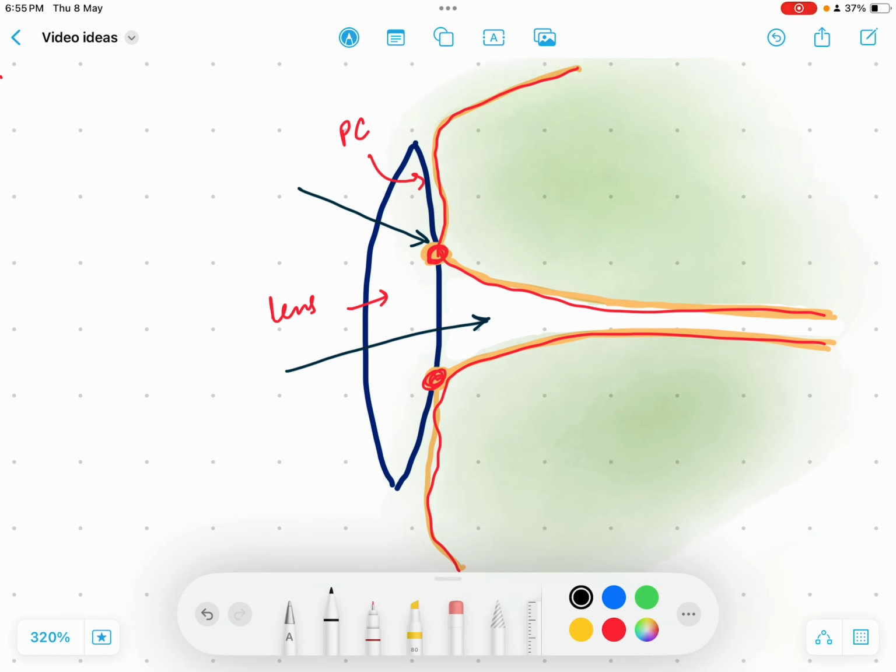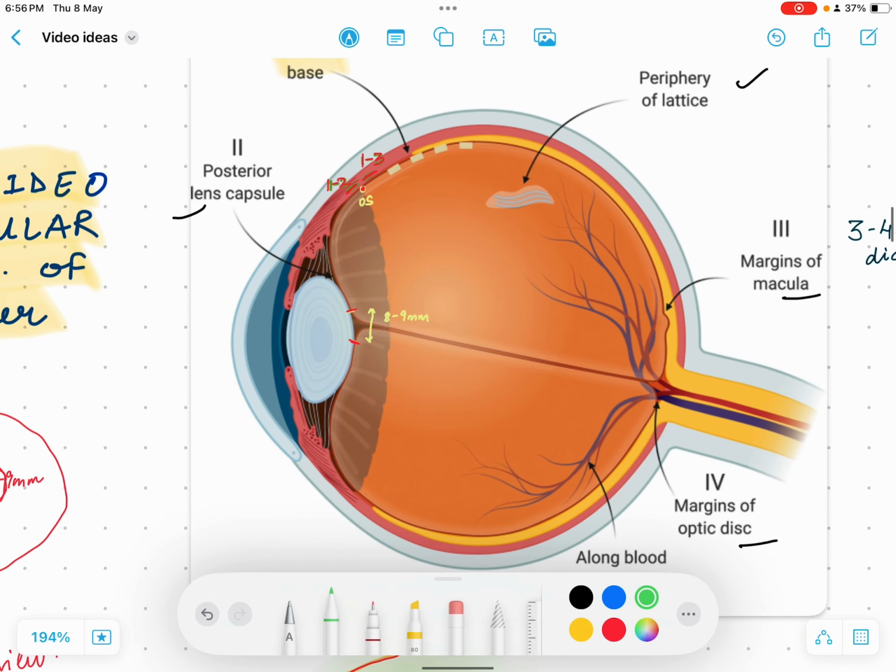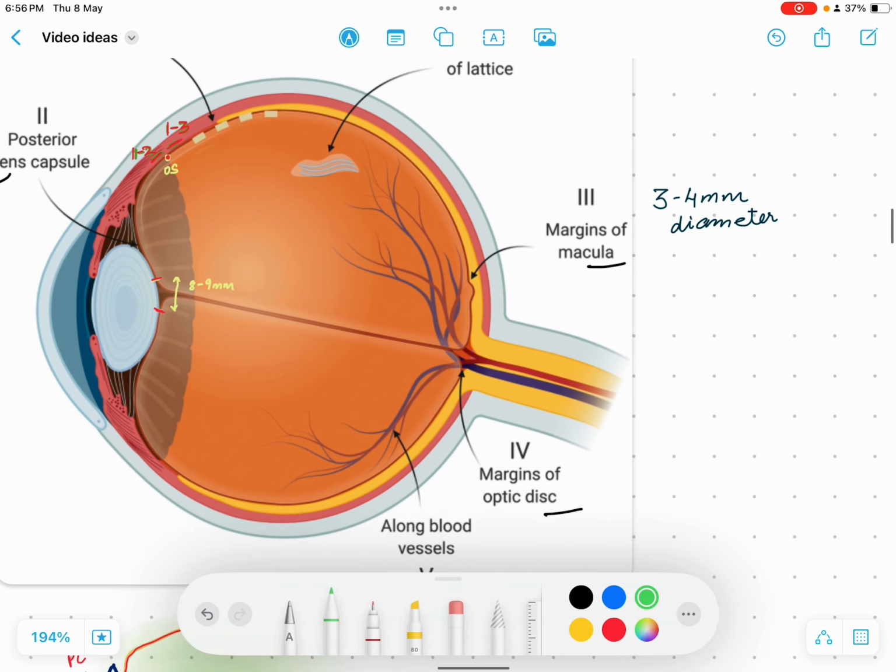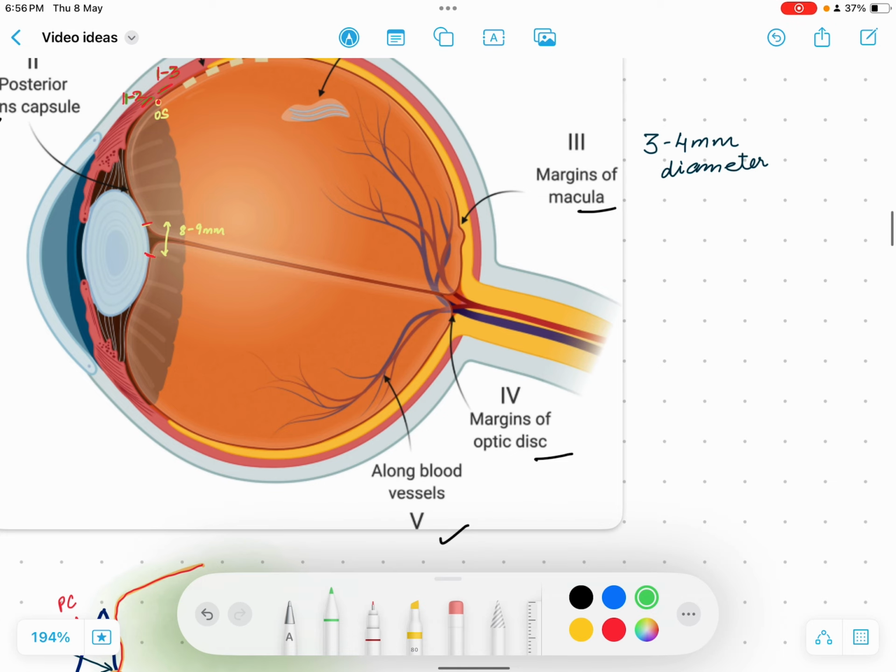So, there is a potential space that is present posterior to the lens capsule, between the posterior lens capsule and the vitreous. And this space is known as the space of Berger. That was it with the second attachment along the posterior lens capsule.